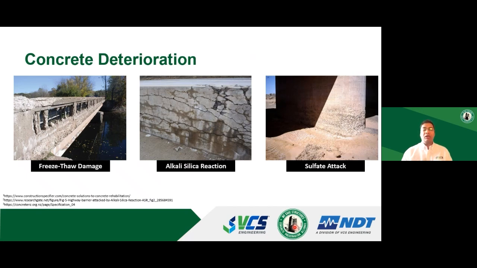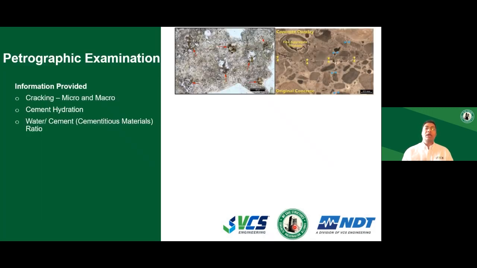One way to find out if your concrete structure is suffering from freeze thaw damage, or is susceptible to alkali silica reaction or sulfate reaction, is what is called petrographic examination or petrographic analysis. It is effectively a microscopic examination. It gives you an idea about micro cracking, macro cracking, whether your cement is completely hydrated, and what the water to cement ratio was.